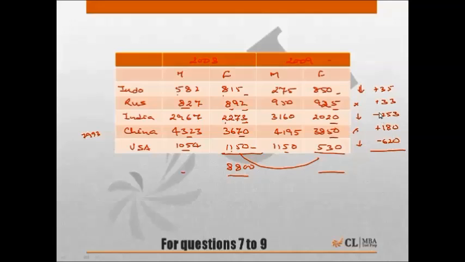And this total comes out to be, so you could club all the positives together and all the negatives together, or you could just start adding up the way you normally do, and we find that this comes out to be 625. So the percentage change will be 625 upon 8800.